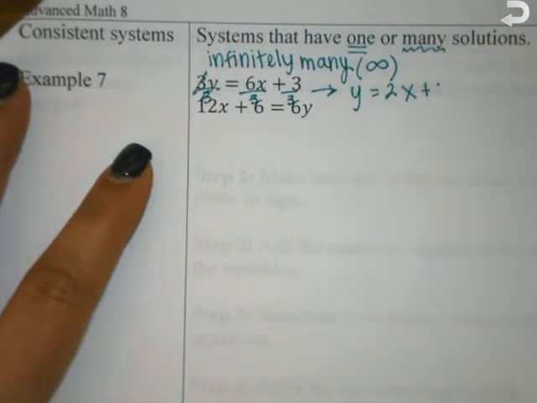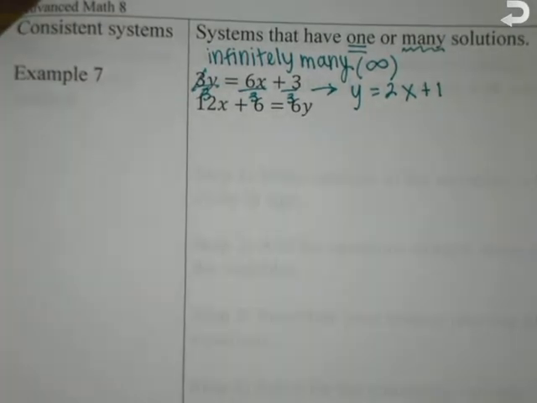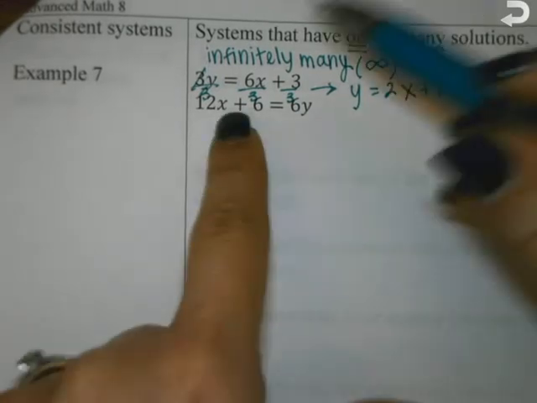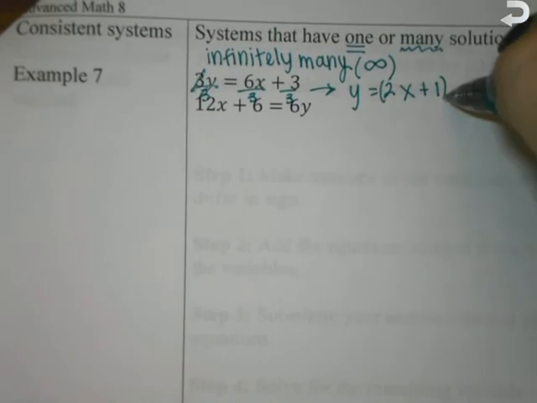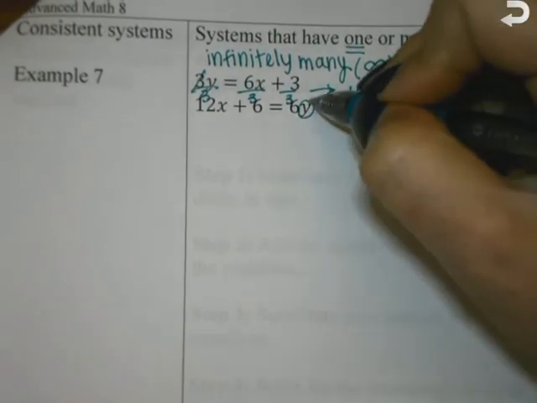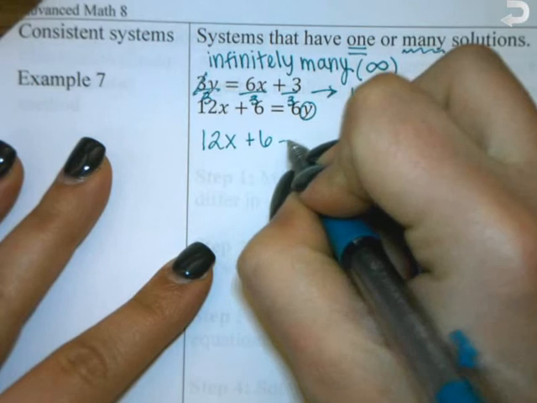So remember when we were doing slope-intercept form, y equals mx plus b, and we were putting it in this form, you had to divide every single term by 3. So now we're going to plug in 2x plus 1 for y into the second equation. So that's going to give me 12x plus 6 equals 6 times 2x plus 1.